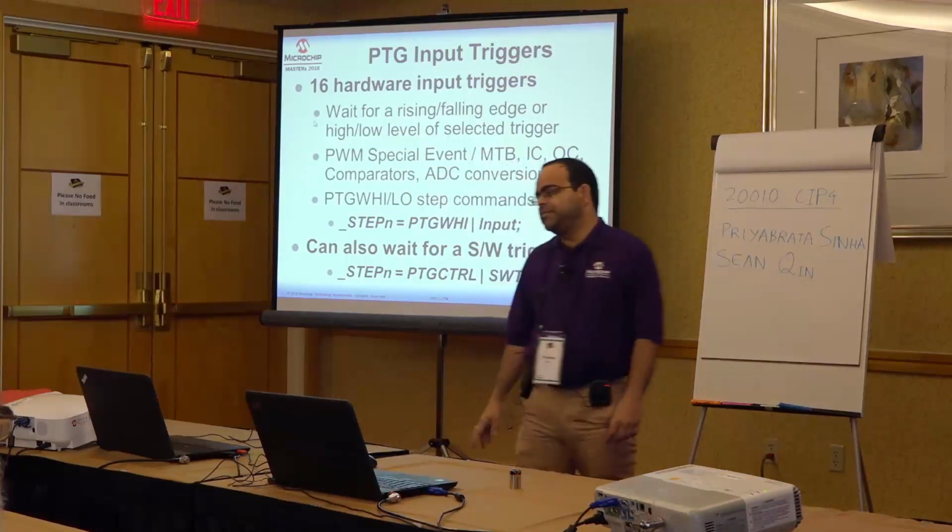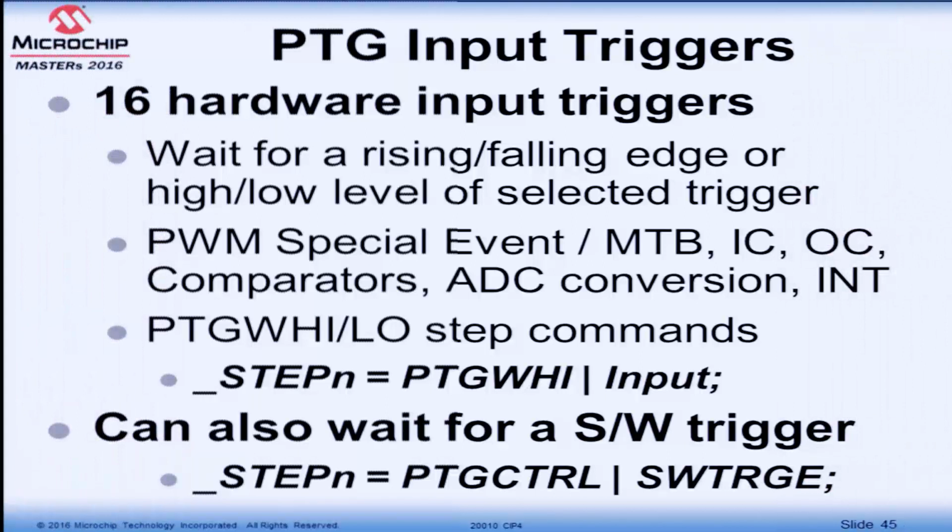We had talked about input triggers or waiting for various hardware or peripheral events, and there are up to 16 hardware input triggers that are supported on the PTG module, and these could be either edge triggered or level triggered. So, a peripheral signal or event, as long as it stays high, it will keep triggering the input trigger if it is level triggered, whereas edge triggered would only trigger it once when it goes high.